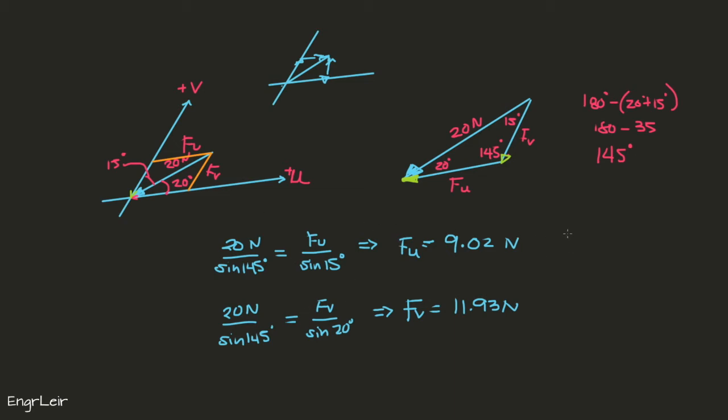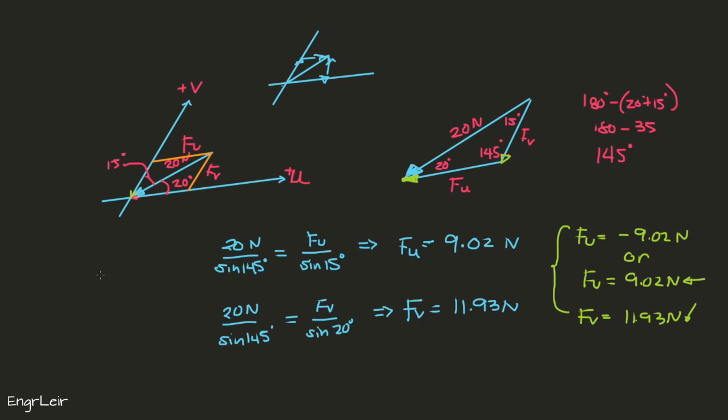So it's a very different answer actually. Fu is a negative 9.02. This is considering the direction, or Fu is 9.02 Newtons to the left, and Fv is 11.93 Newtons down to the left. So this is my final, complete answer for the components.